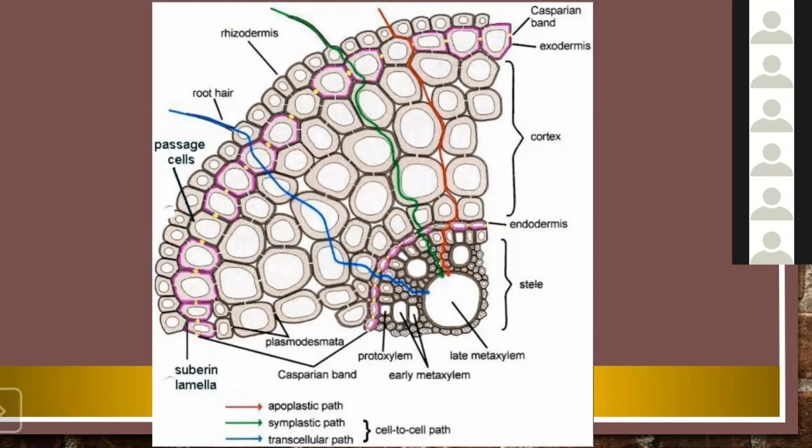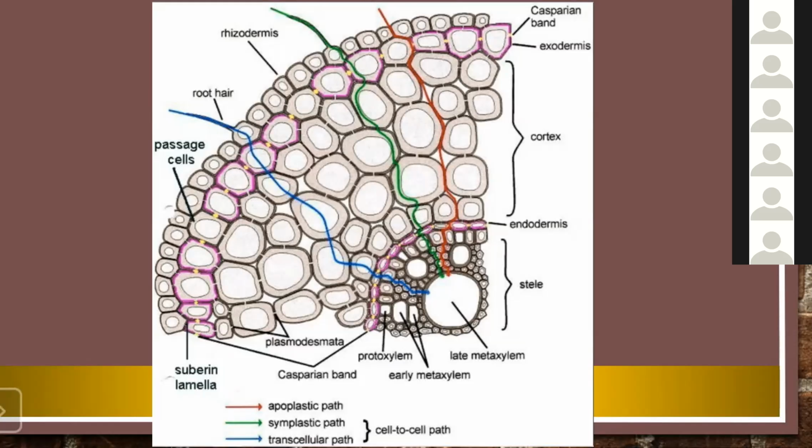So in other words, when water moves from one cell to the next, it means the concentration of the salts in that cell is going to reduce compared to the next cell, and this results in a continuous flow of water from the root hair to the immediate cortex cell, then to the next cortex cell, until the water reaches the xylem cell, the xylem tissue.